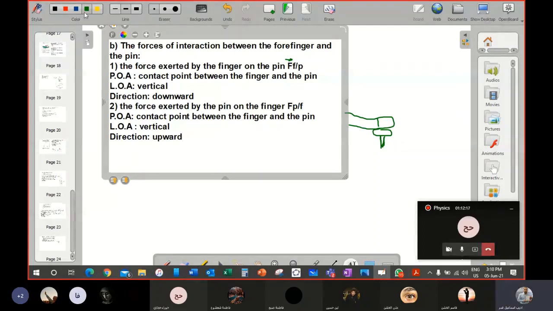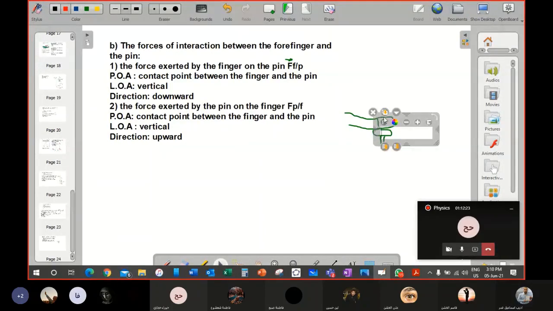Let's draw the figure. First, we have here the point of application. Now we draw the line of action, which is vertical. Pay attention to the forces. The force exerted by the finger on the pen starts from the point of application along the line of action.